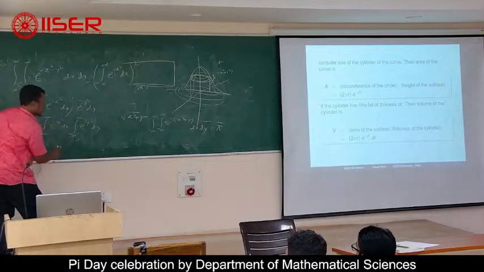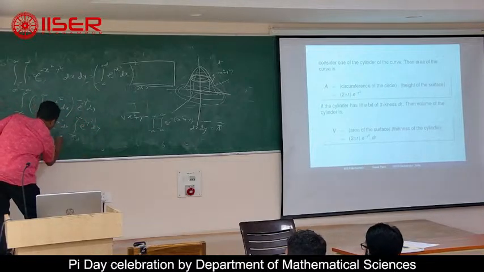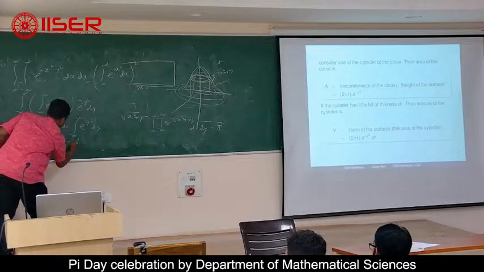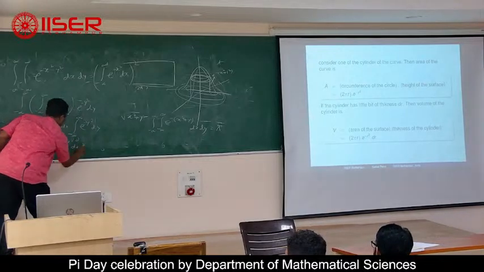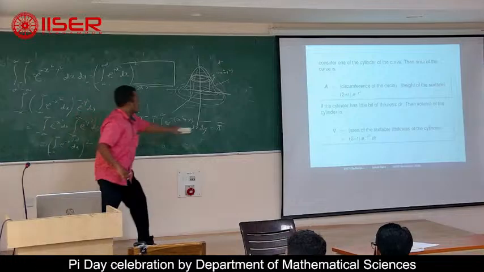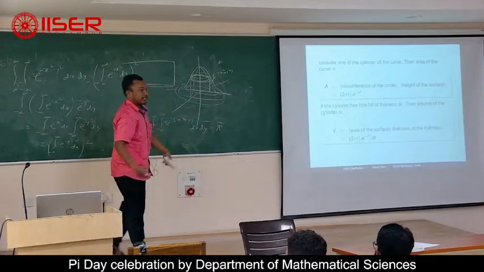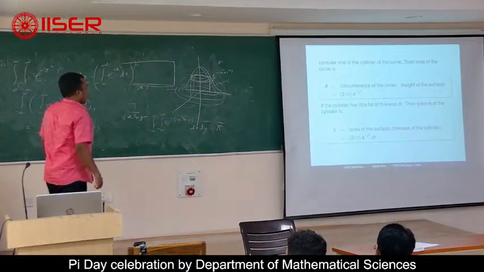So we get the desired result that the integral whole squared is basically pi.